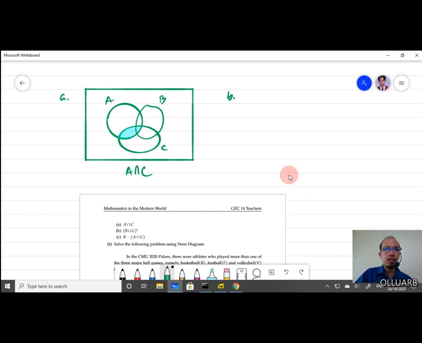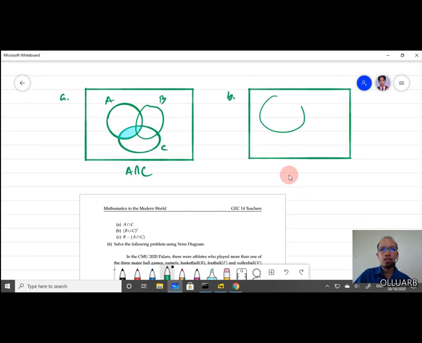For letter B, we have A, B, C. So B intersection, B union C complement. So the union of B and C is this one. You shade this region here, everything, because this is union, and then take the complement. So the complement is outside.